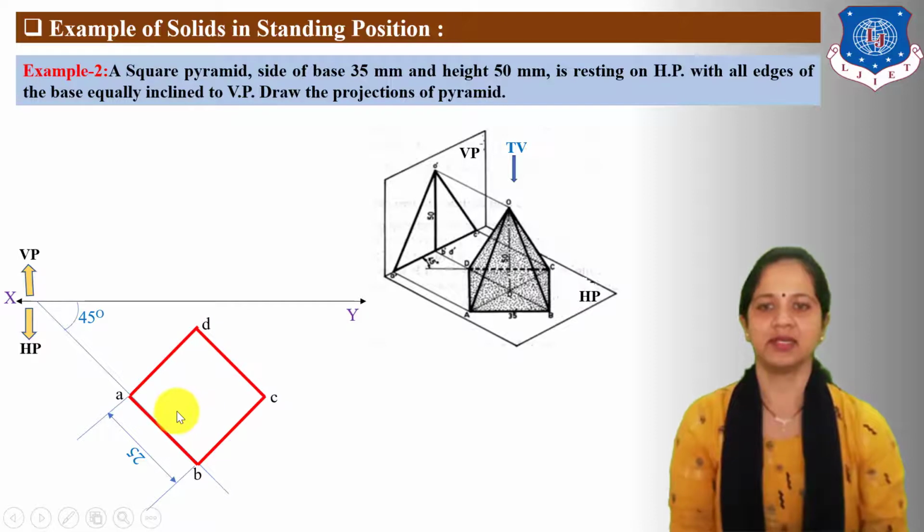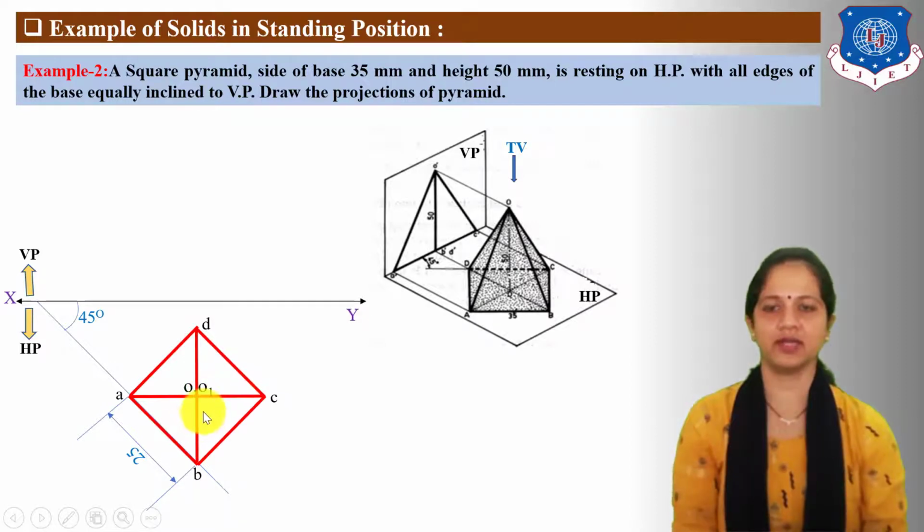Next, connect the diagonals AC and BD. The intersecting point of the AC and BD diagonals indicates the axis O1. O is the apex point and O1 is the base center point. So here OA, OB, OC and OD edges indicate the slant edges.